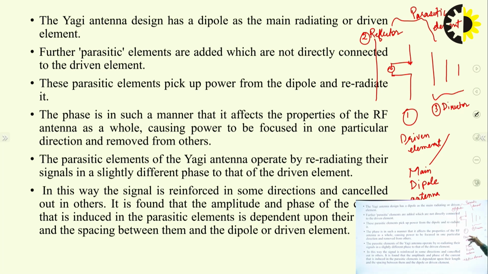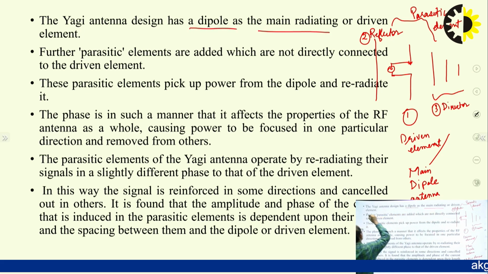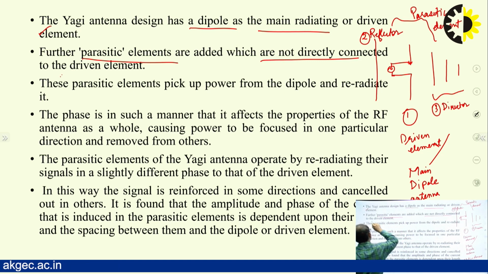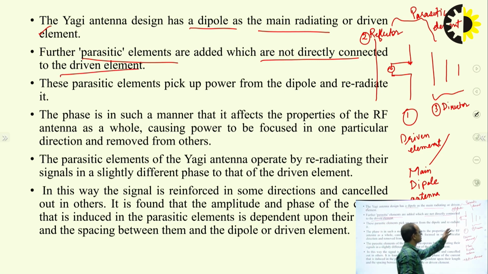by the driven element. So this Yagi-Uda antenna design has a dipole which is the main radiating or driven element. Further, parasitic elements are added which are not directly connected to the driven element, meaning the reflector and the directors, so these are known as the parasitic elements.